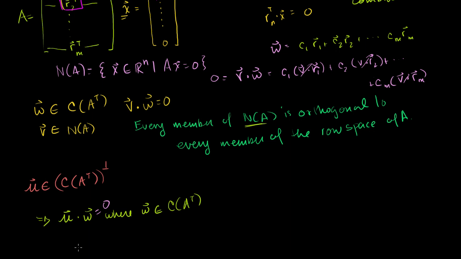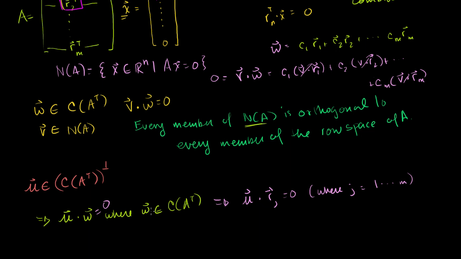That is going to be equal to 0. And what does that mean? That means that U is also orthogonal. So this implies that U dot Rj, any of the row vectors, is also equal to 0, where j is equal to 1 all the way through m.